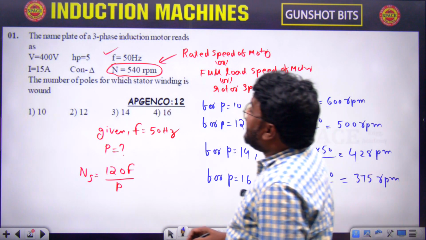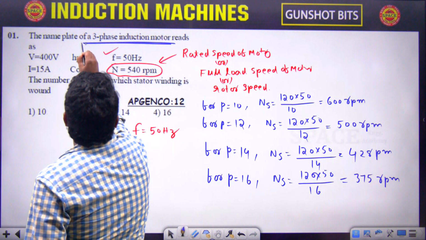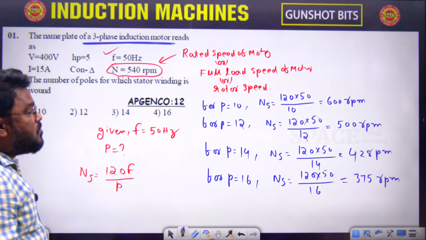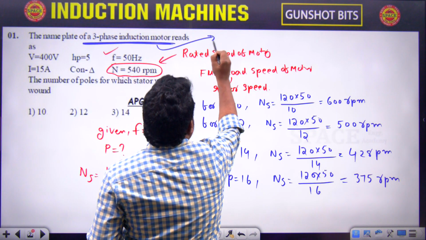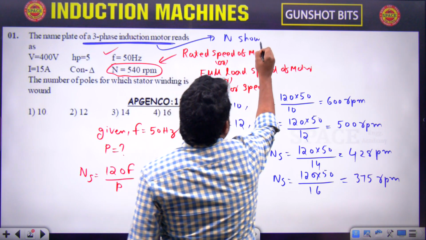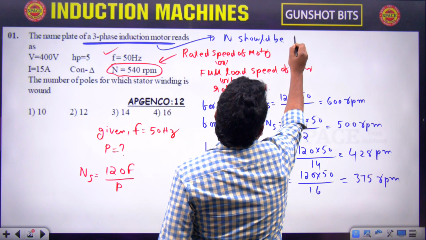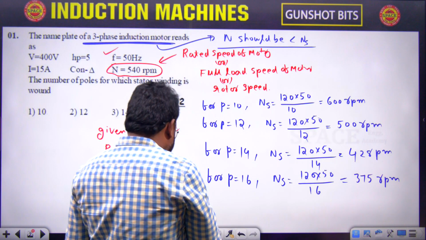Clearly, the machine is a 3-phase induction motor. For a 3-phase induction motor in motoring mode of operation, the speed should be less than the synchronous speed.